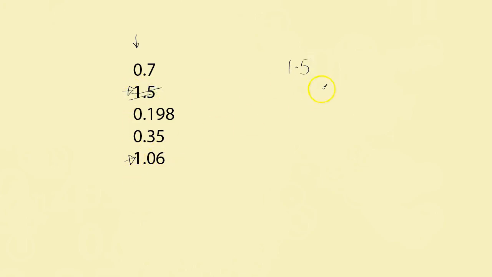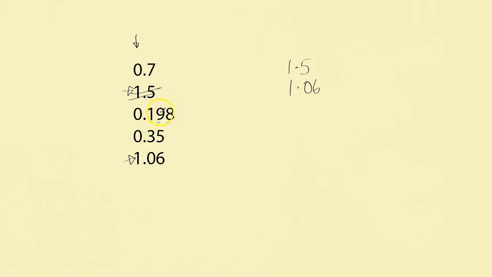The next biggest number is 1.06. Now I have to look at the remaining 3 and decide which one is biggest. They've all got 0 in the units column, so I'm going to go over to the next column. 7 tenths here, 1 tenth here, and 3 tenths here. 7 is the biggest. So I don't care about these numbers here.